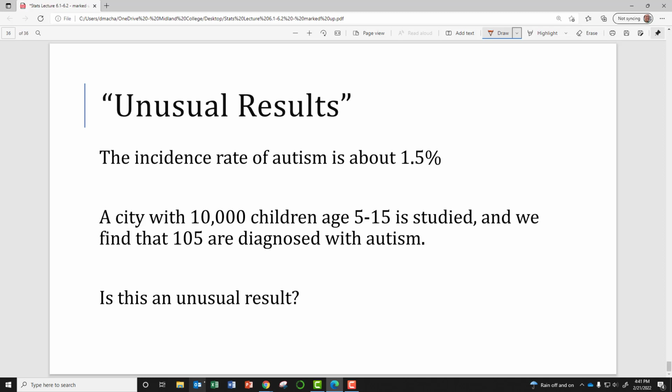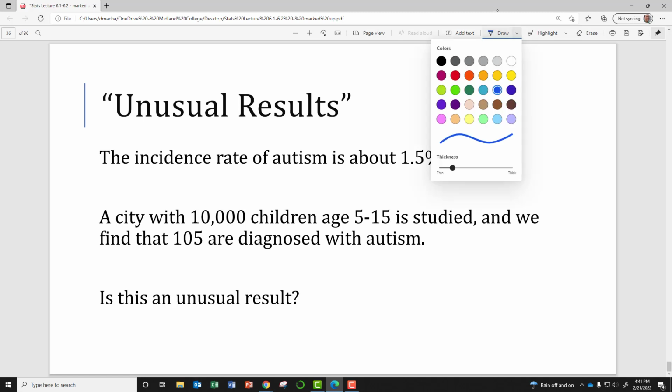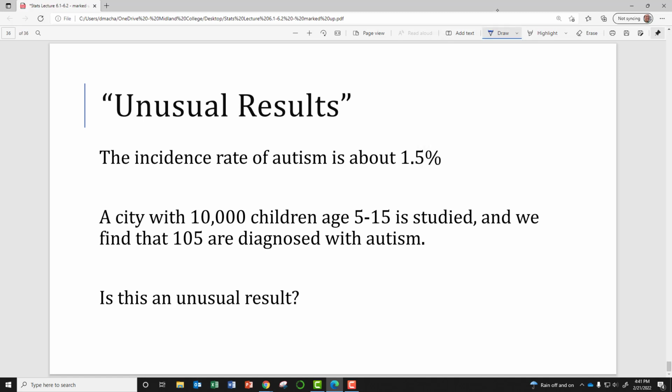So here's one example that we'll use to wrap up this section. One example of finding unusual results, or not. And we'll see how it goes. We know that the incidence rate of autism among the whole population in the US is about 1.5%. So like 1.5% of individuals have autism, let's say.